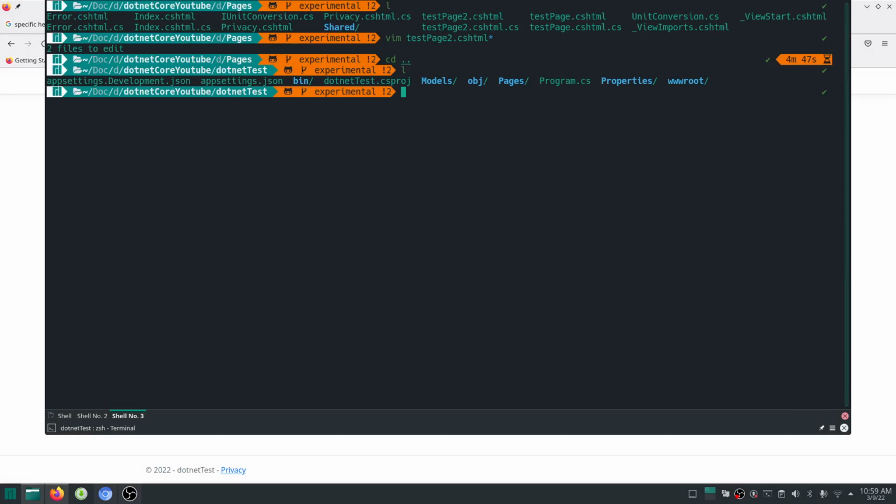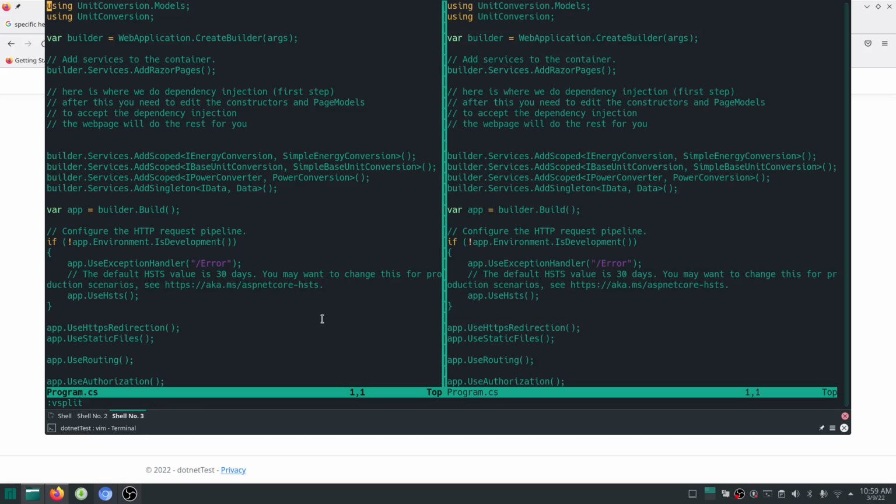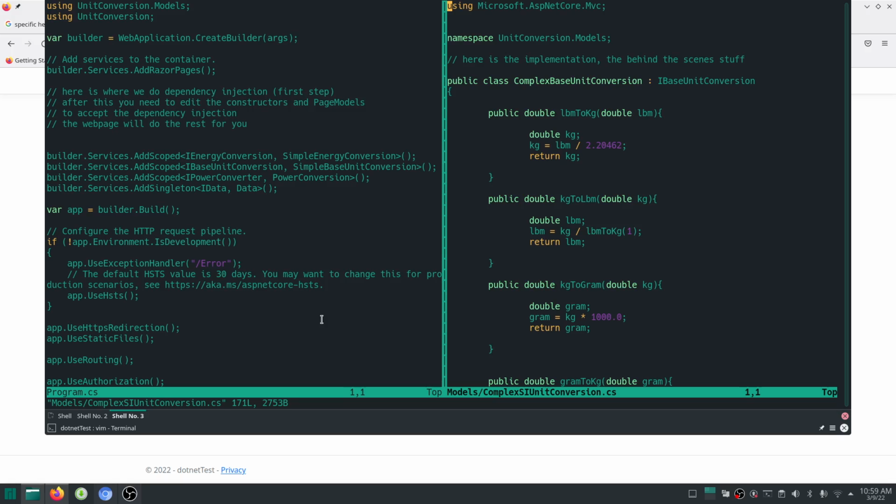And the moment I can demonstrate just restarting in program.cs, and then I want to open up the Models, ComplexUnitConversion.cs. I will vsplit. Okay, what am I doing here? I want to change the dependencies that are being injected, and then reload the web page.